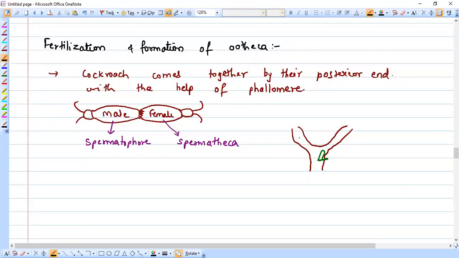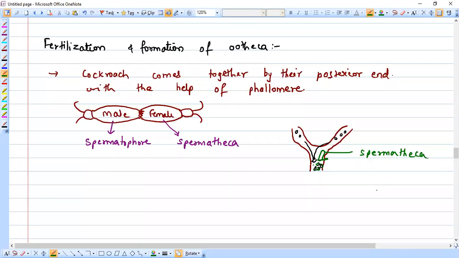The eggs basically will be released from the right oviduct. Then after the right oviduct, it will come in the left oviduct. And finally, all these eggs will be deposited by the sperms. And these sperms which are present in the spermatheca will fertilize the egg.